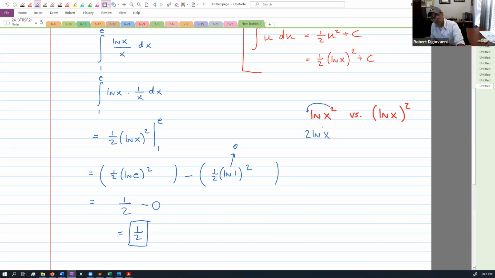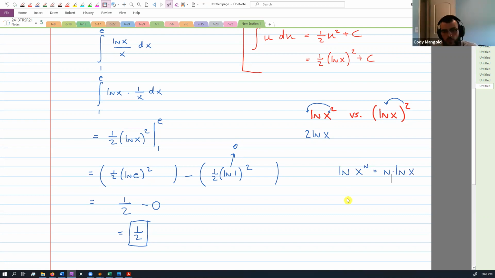That is true. This one, you cannot pull that 2 out because the 2 here is acting on the x. This 2 is acting on the whole thing, the natural log. The property of log says that if you have log of x to a power, then the power can come out, but the power there is on the x, not on the whole thing.